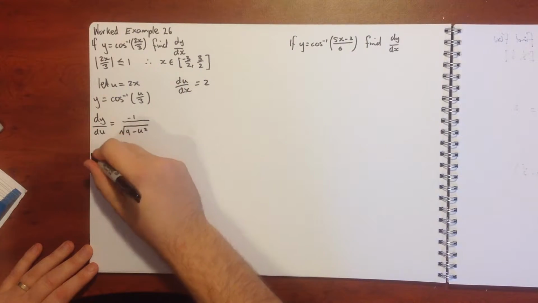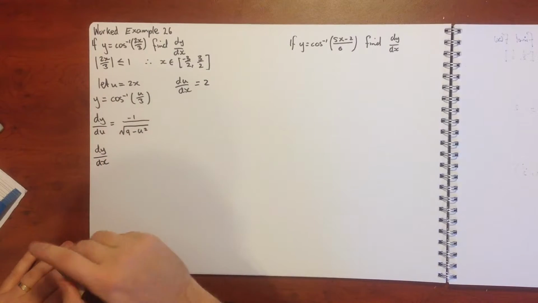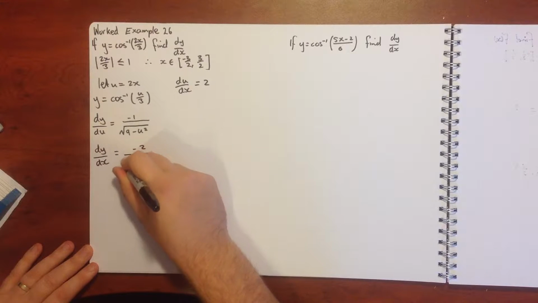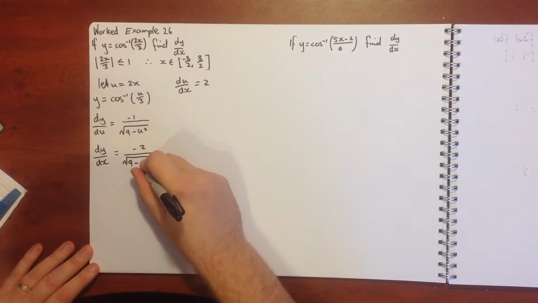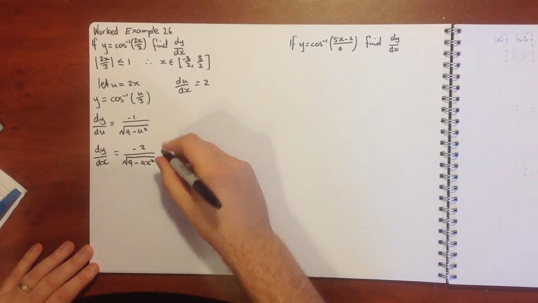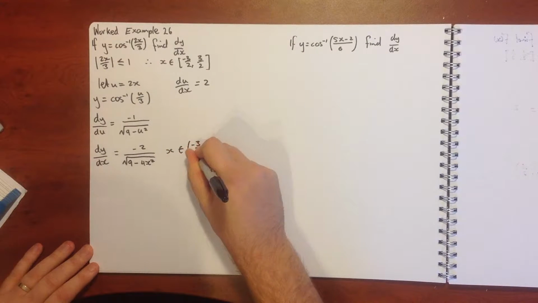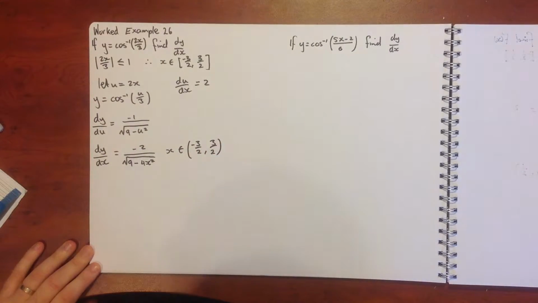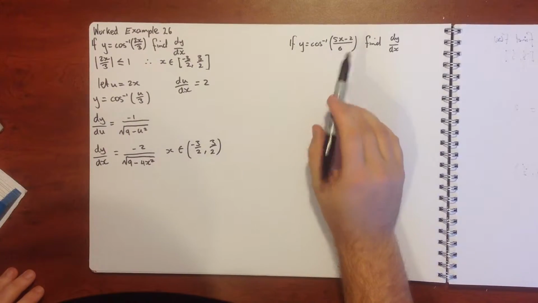So bring them together: dy/dx is going to be dy/du times du/dx. So we get minus 2 over the square root of 9 minus, don't forget that u was 2x, so we'll square that and make it 4x squared, where x is an element of minus 3 on 2 to 3 on 2. And we're done.